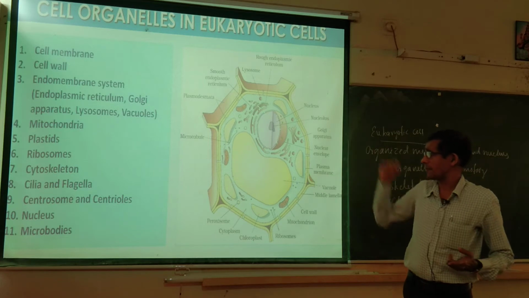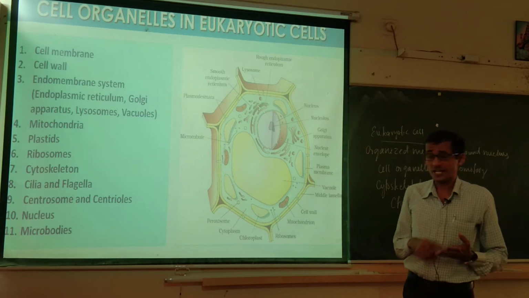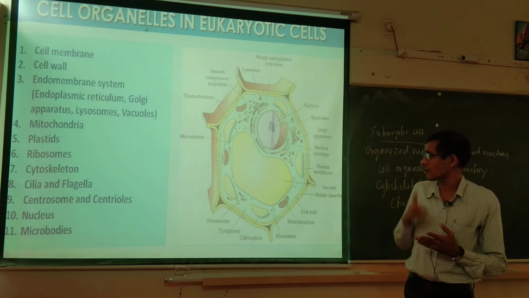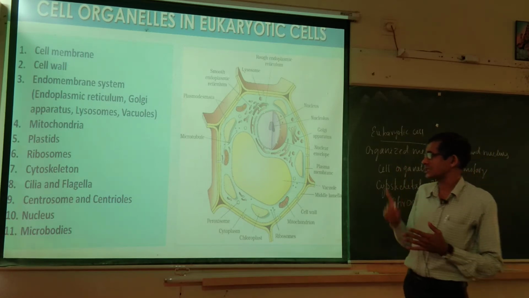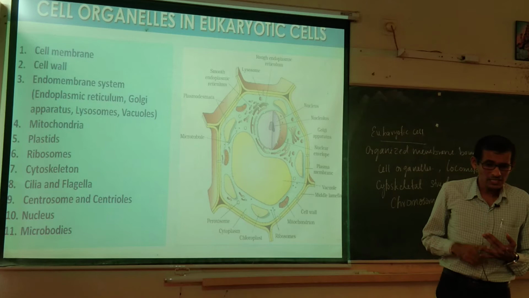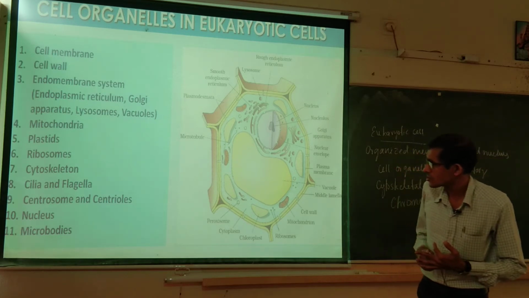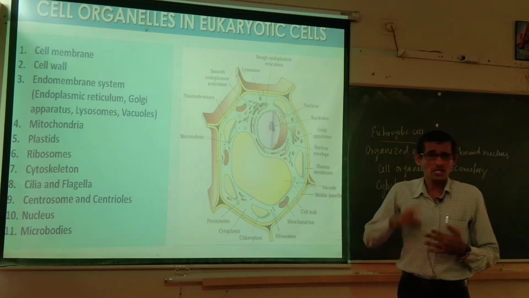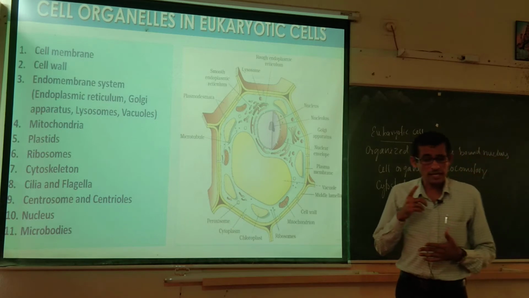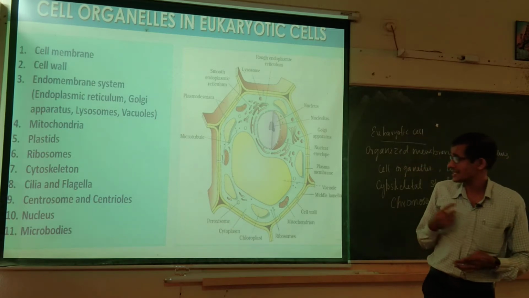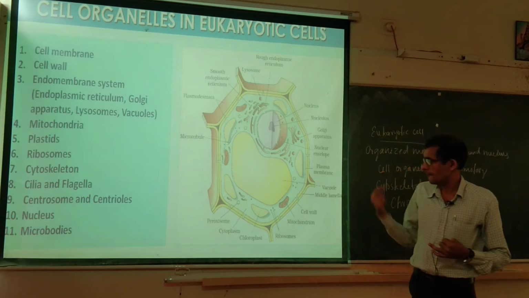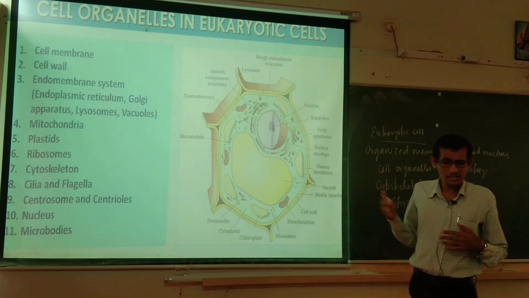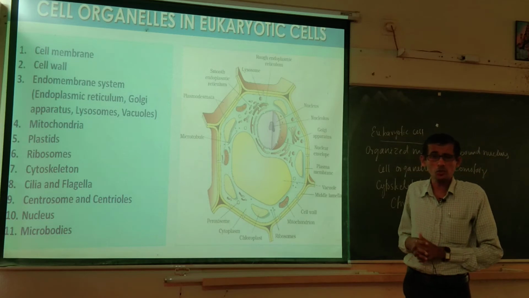In the endomembrane system, the endoplasmic reticulum, Golgi apparatus or Golgi complex, lysosomes and vacuoles are included. Then mitochondria, plastids, ribosomes, cytoskeletal structures, then cilia, flagella, centrosome and centriole, nucleus and microbodies. These are the different parts observed in the eukaryotic cell.